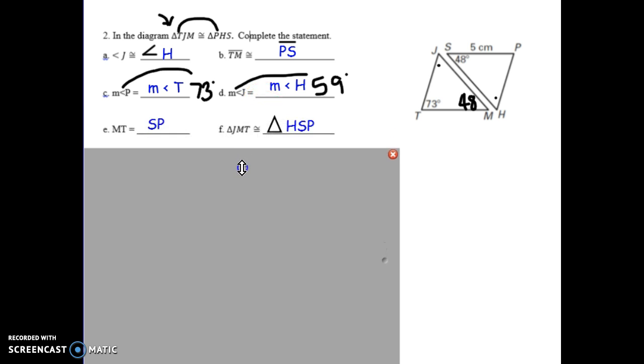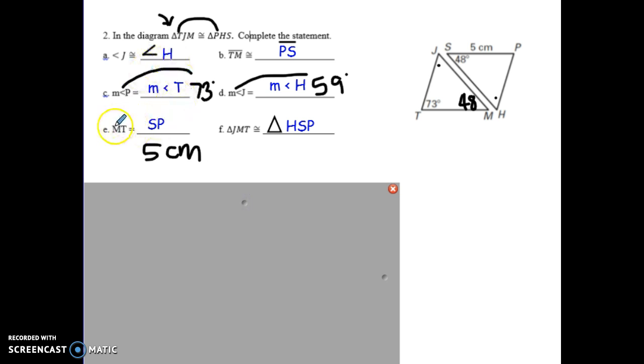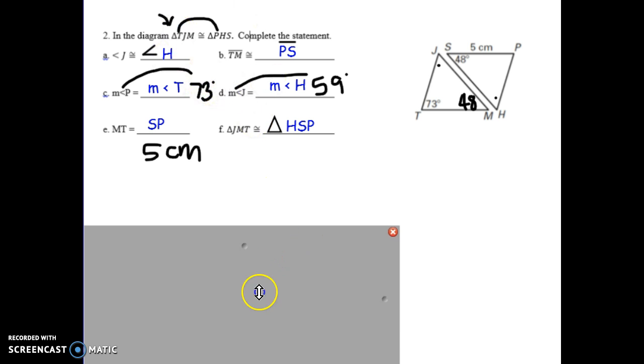Okay, so MT is the same as SP, which tells me SP is 5 centimeters. And how I know that that's going to be a measure is because it doesn't have the line on top. So since it doesn't have a line on top of it, I'm looking for a number. And then I've got triangle JMT, which is just a little jumbled up version of HSP.